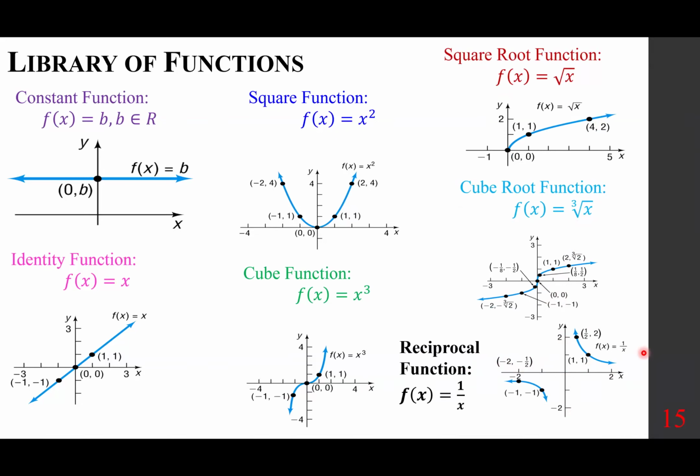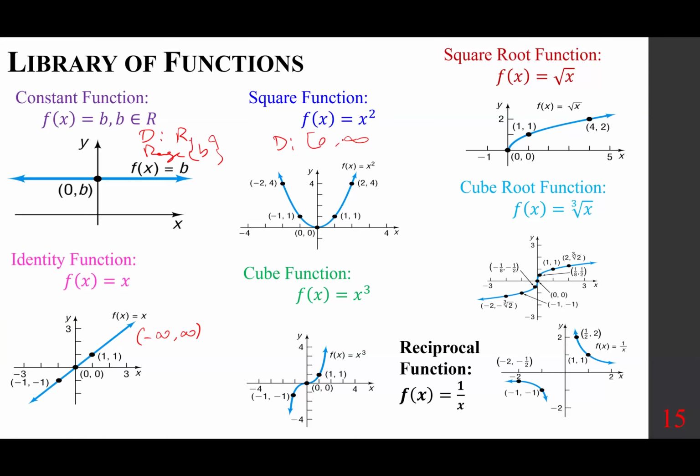Okay. So just to add a couple of things here. Domain is all real numbers. Range is just b. Domain and range, both of them are negative to positive infinity. In this case, domain is from 0 to infinity.